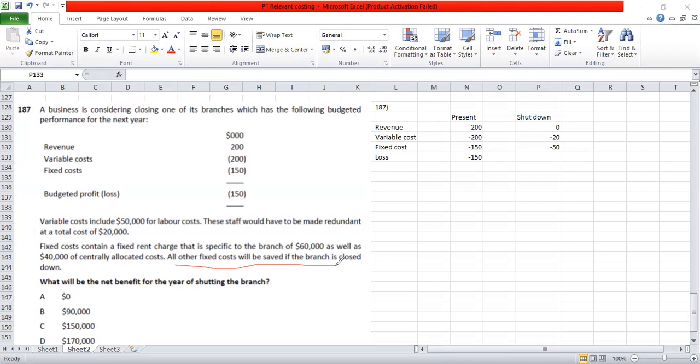So if it is 100, even in that case, if it is 100, also 120. Answers are not matching. 0 is there, 90 is there, 150 and 170. We want the net benefit. As of now, they have a loss of 150, so their loss will be 70.